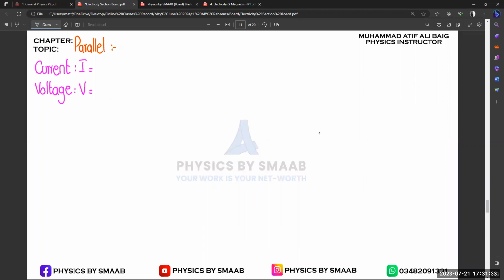Because in parallel combination, I will show you in the diagram how it is possible. So current is variable, and voltage will remain the same or constant throughout.